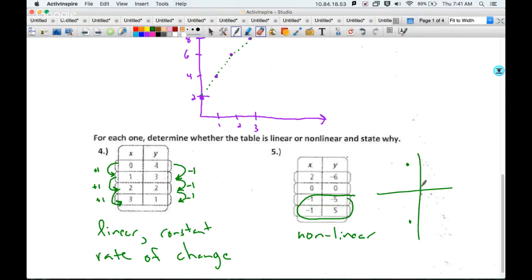But I also have this point here at 0, 0, and 2, -6. There's no way to connect all of these with a straight line. It would have to be either curved or have lots of bends in it. This is just not linear, so it doesn't make a straight line.